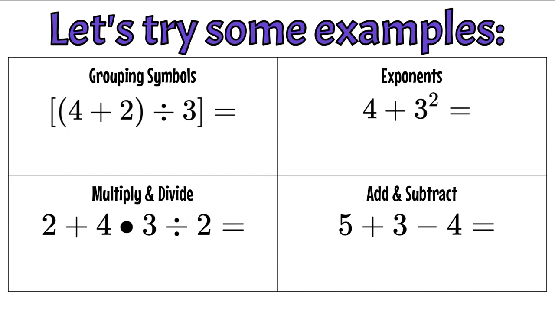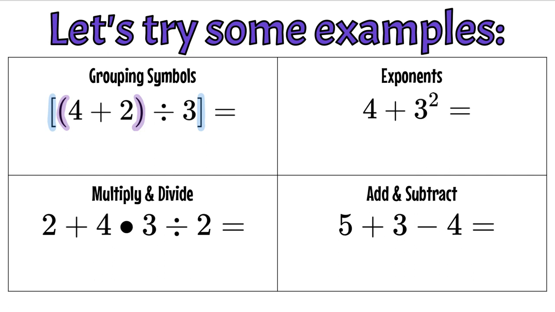For example, we have grouping symbols. When we are simplifying grouping symbols, we see we have this set of grouping symbols in this example, and we also have another set of grouping symbols outside of that, these brackets. So when we're simplifying grouping symbols, we're going to simplify the symbols that are on the inside.